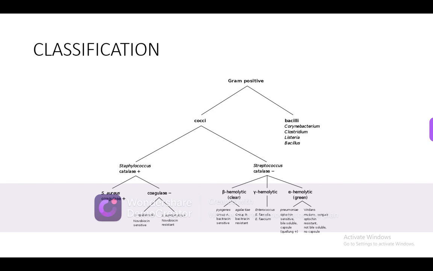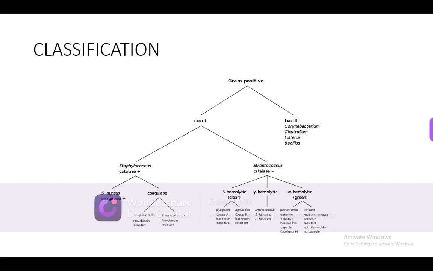Examples of the gram-negative cocci are the gonococci and the meningococci. These are the examples. On the basis of catalase positive or negative, the cocci will be classified further.